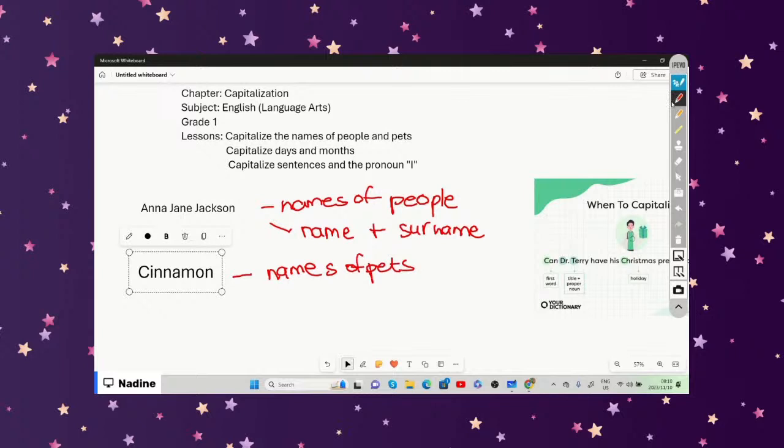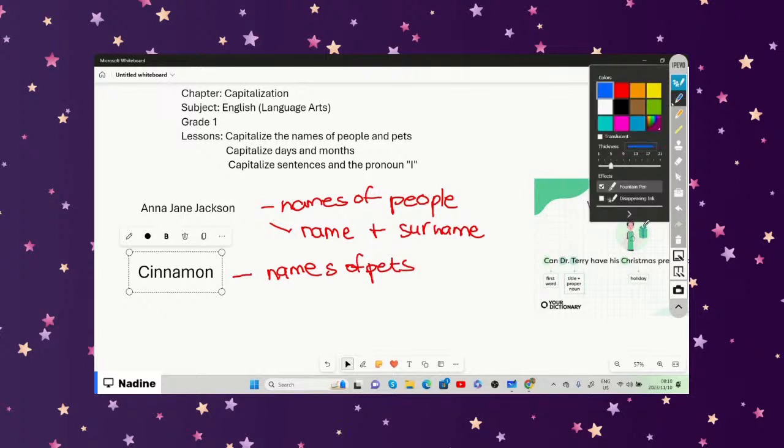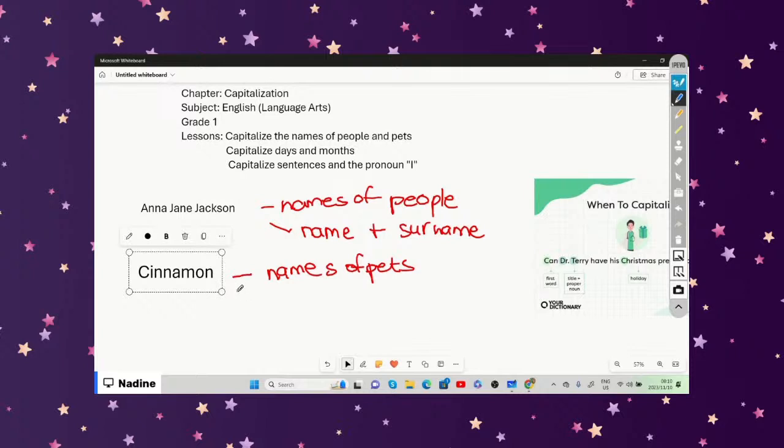But if you, for example, say, this is my dog, then we do not capitalize the word dog. We do not capitalize the word cat, we do not capitalize the specific animal, but you capitalize the name of that animal.